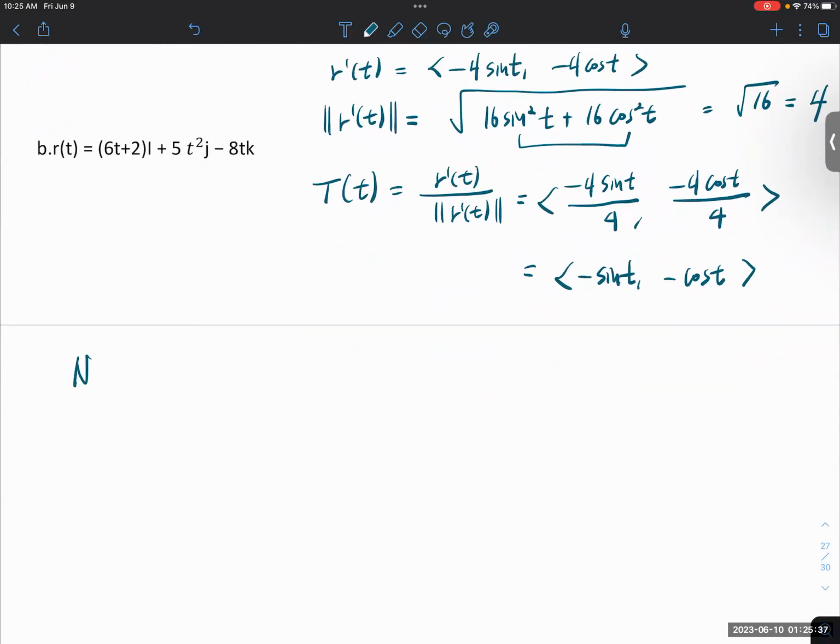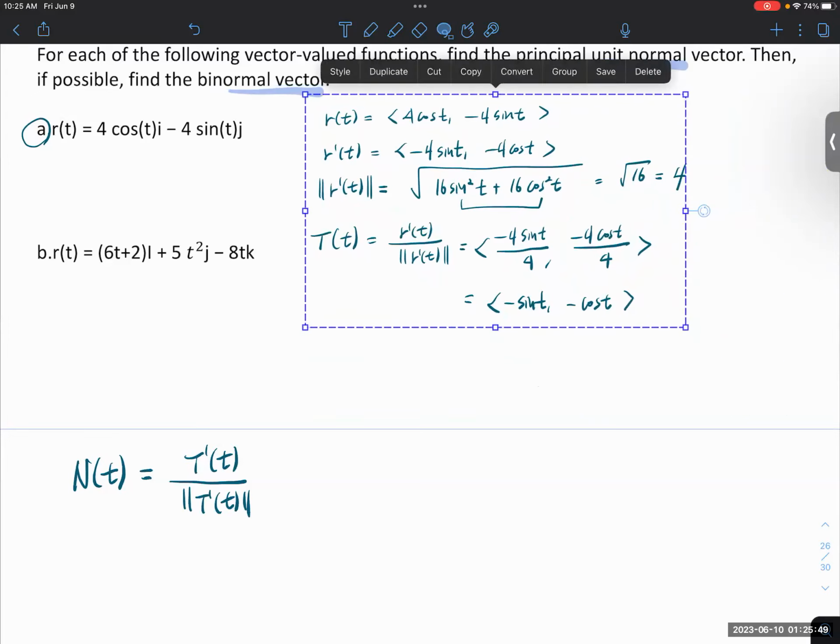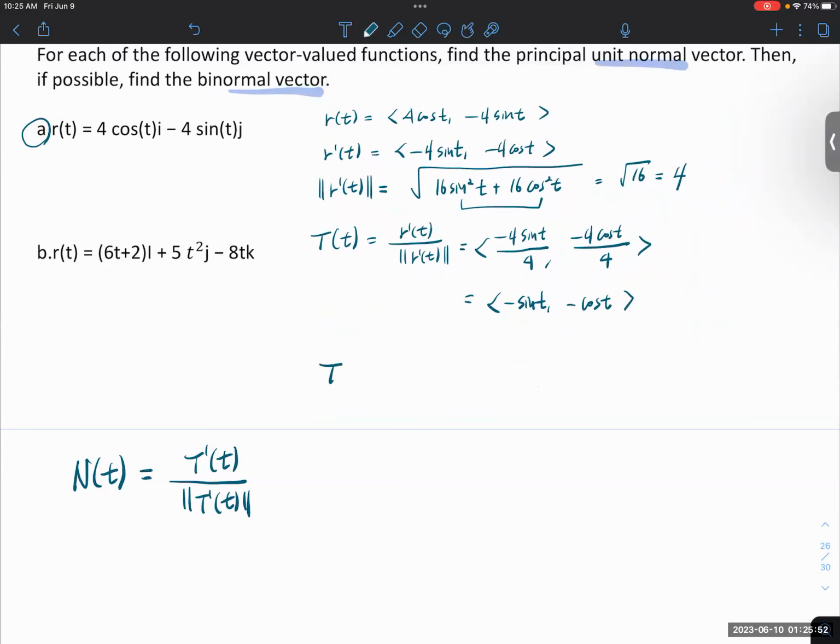I can find the normal vector, because it is going to be T prime divided by its magnitude. From here, we take the derivative of T. So that would be negative cosine t, and negative, negative, it's a positive, because the derivative of cosine is negative sine.